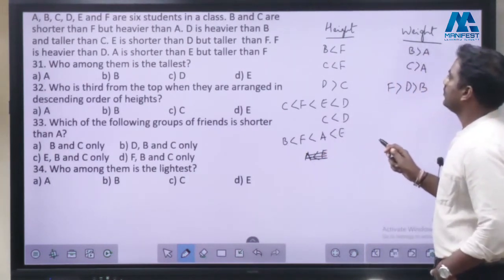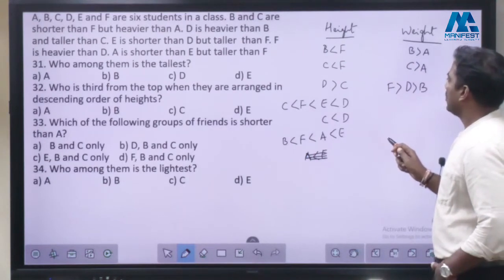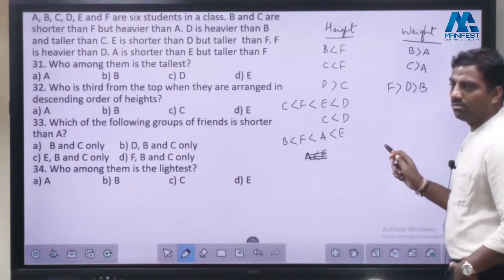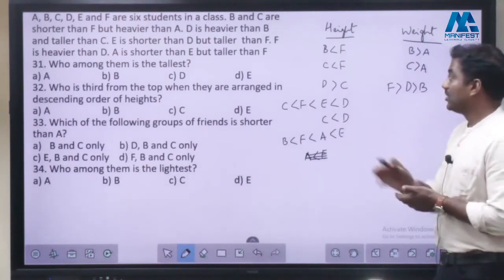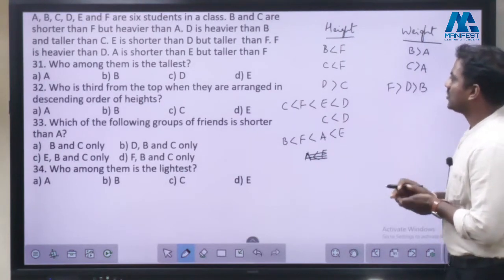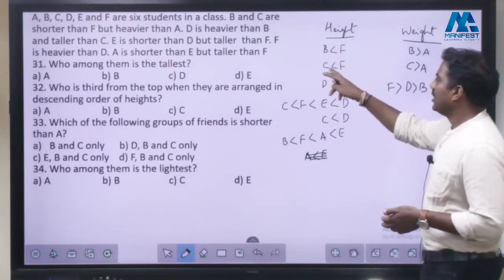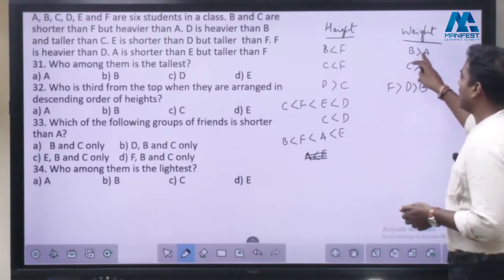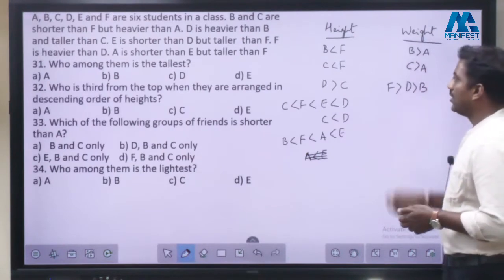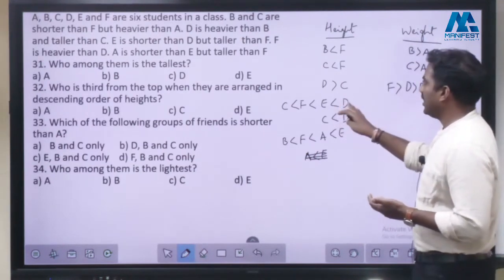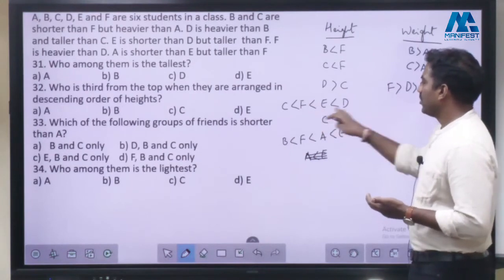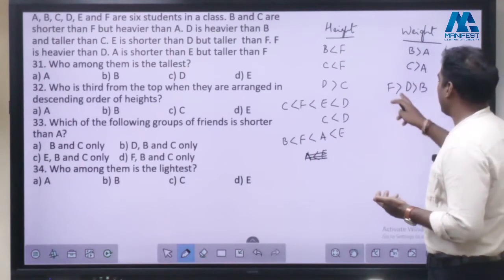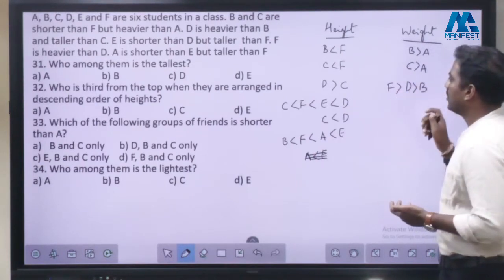That's all. This is what we have. I'll read once again. B and C are shorter than F. B is shorter than F. C is shorter than F. Heavier than A. B is heavier than A. C is heavier than A. E is shorter than D, but taller than F. Then F is heavier than D, correct?